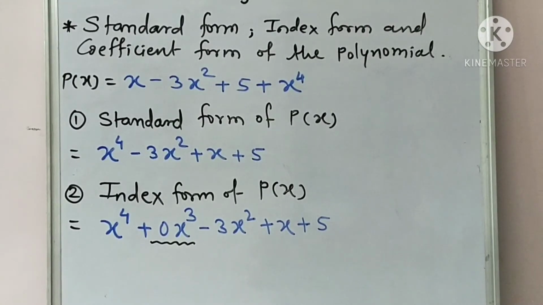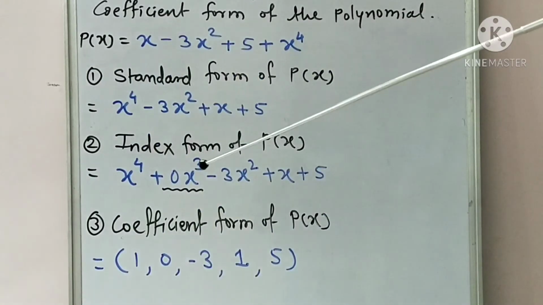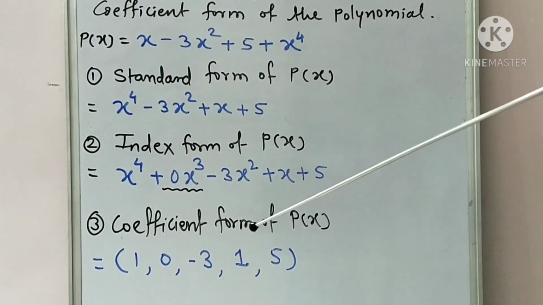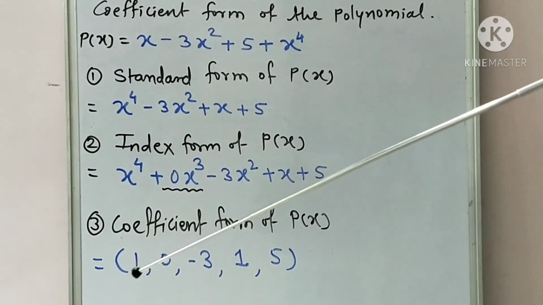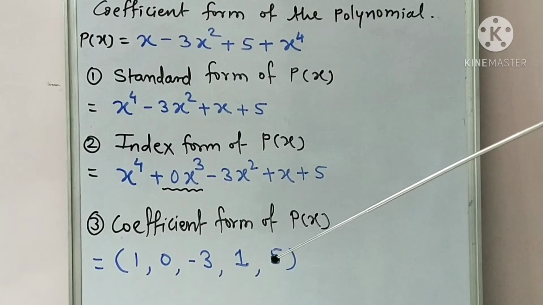So how do we write the coefficient form? Here is its coefficient form, meaning you just write only the coefficients of the terms of the polynomial.